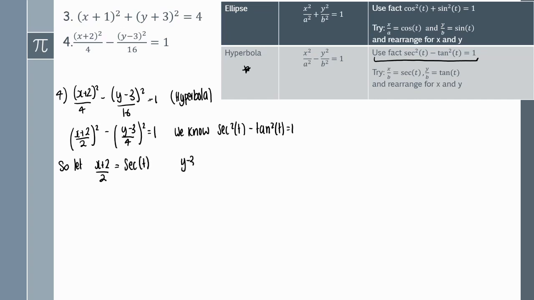So I'm just going to let, again, equating these equations and the parts of the equations, x plus 2 all over 2 equals sec t, and y minus 3 all over 4 equals tan t, then rearrange for x and y. My two parametric equations become x equals 2 sec t minus 2 and y equals 4 tan t plus 3.